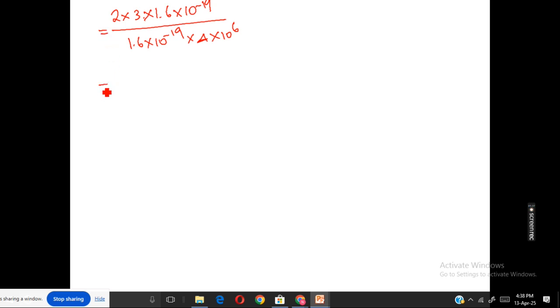B is 1. The answer will be 1.5 into 10 raised to minus 6 meter per second. This will be the answer.